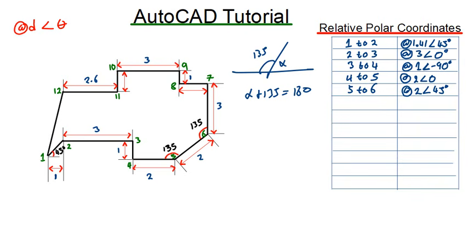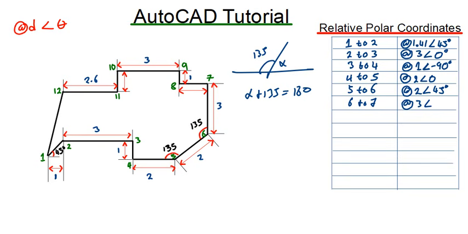Then let's move to 6 to 7. 6 to 7 is pretty simple. The distance we have been given as 3, then the angle is 90, because this is our x-axis, we are opening like that. So you can either say 90 or minus 270.